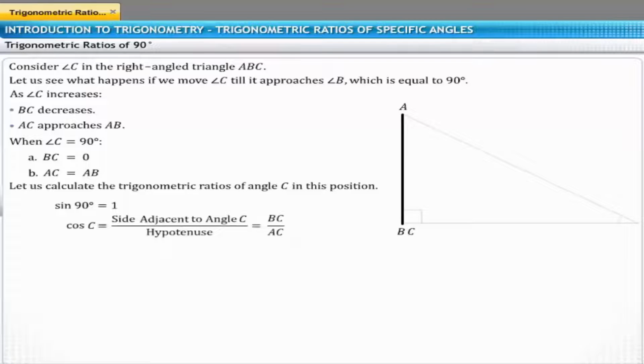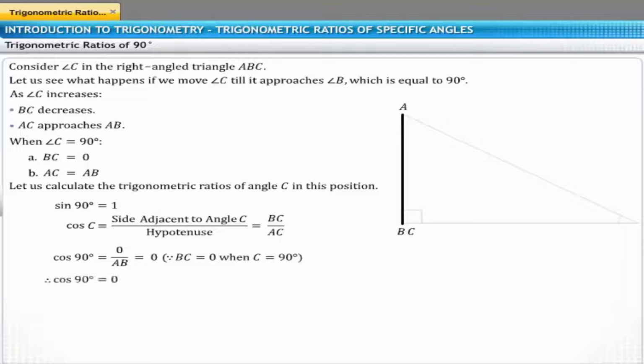We know cos C is equal to the ratio between BC, the side adjacent to angle C, and AC, the hypotenuse. We have seen that BC becomes 0 when angle C is equal to 90 degrees. 0 divided by any quantity is 0.